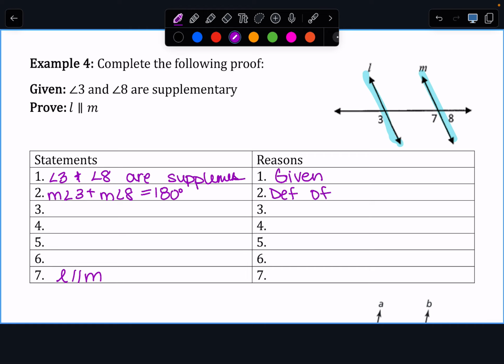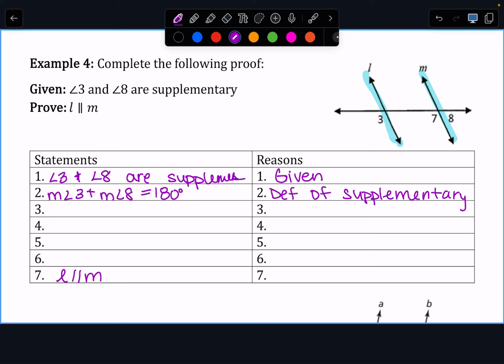Definition of supplementary. Or don't we need to make it congruent first? We have nothing that's congruent right now. But whatever we have in the given, we need to use in some fashion. Since my given is that these are supplementary, my next step needs to be something with that.